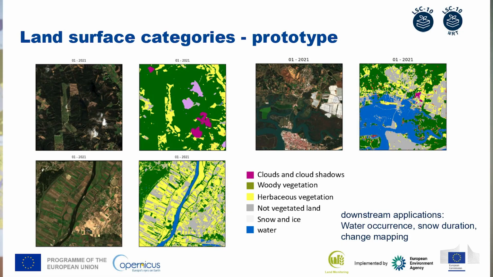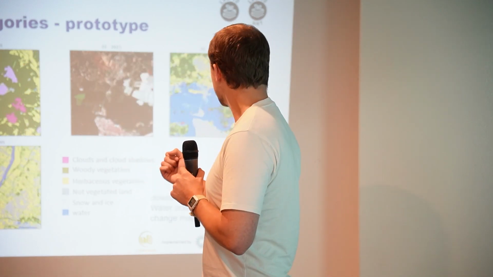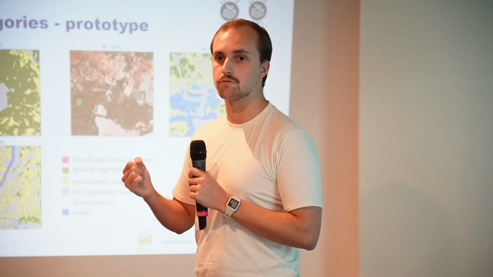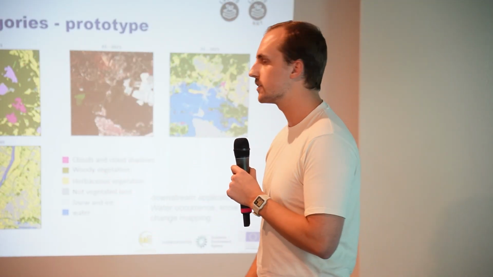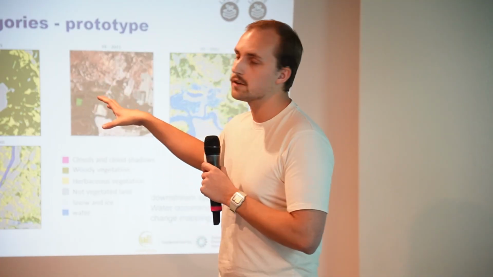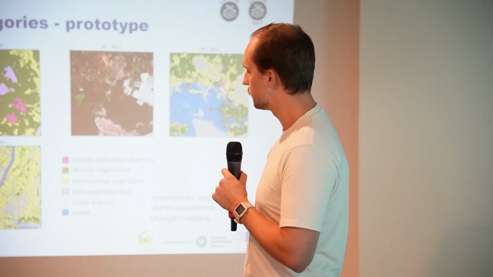We use those as an intermediate step for the land cover classification, but once again we figured this might be really useful information for researchers for downstream applications, looking simply at water occurrence, snow duration, and change mapping. And as you see, these are monthly, so it might also be interesting to see some events happening and note those down.